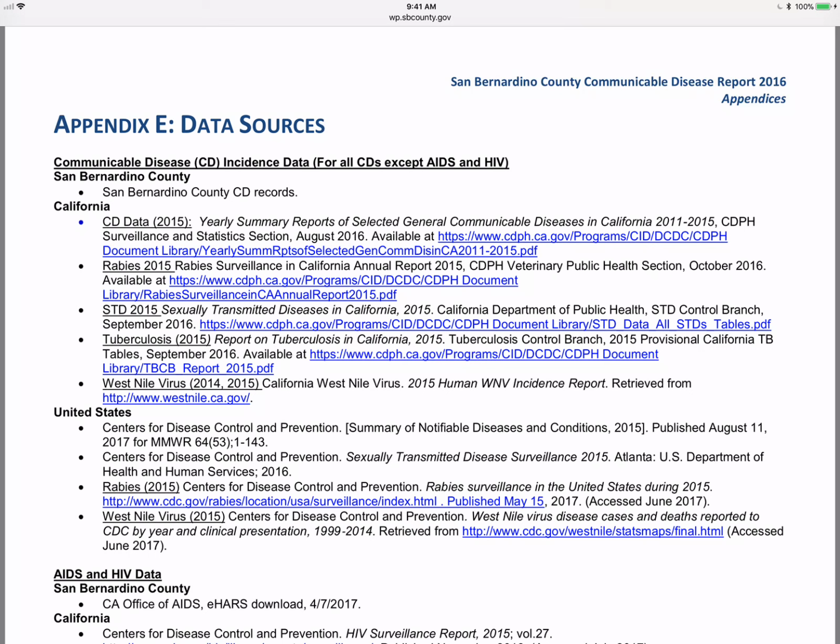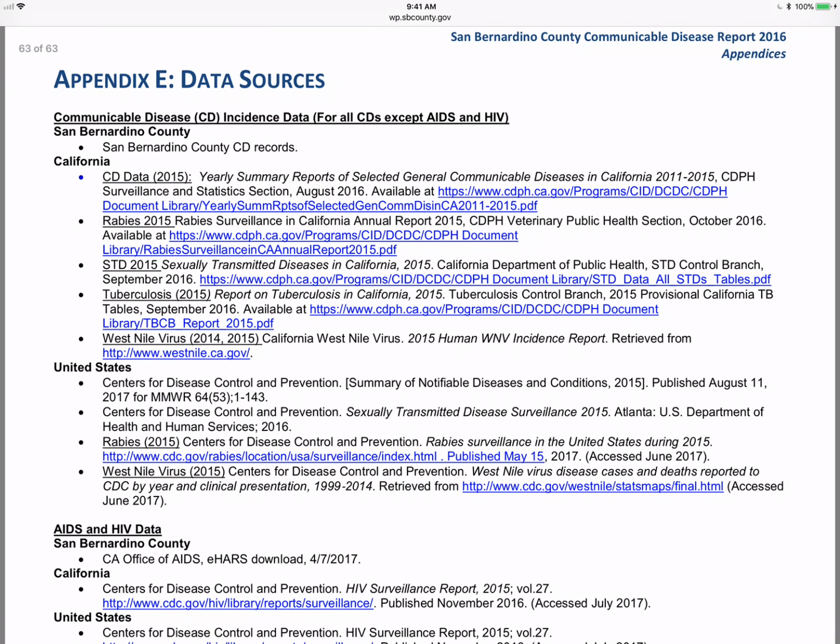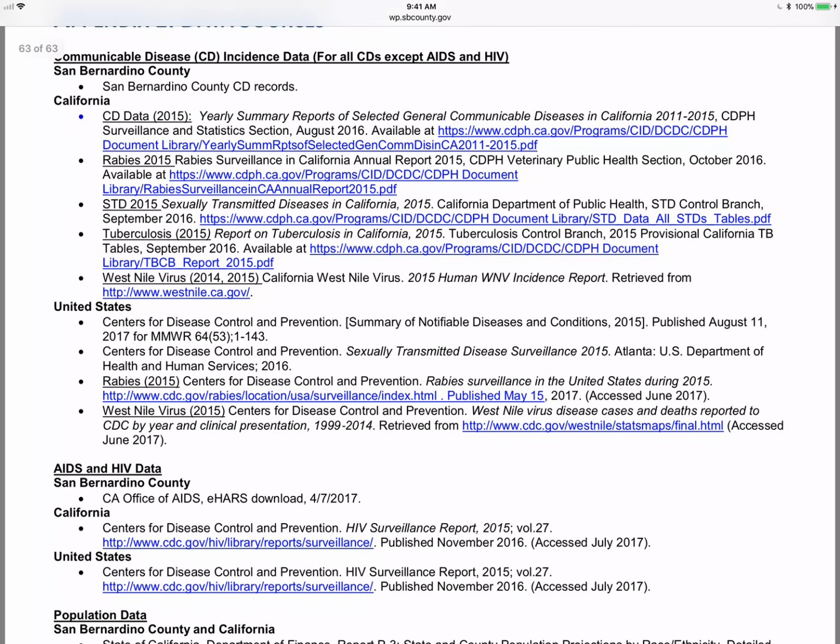Basically, data comes in and it's compiled on a weekly basis so that it can be monitored, sometimes more frequently if we have a disease that's really unusual. The California data came from a variety of different places depending on what disease it is. And then for the United States, we also have reportable diseases that go all the way to the CDC, and for different types of disease.